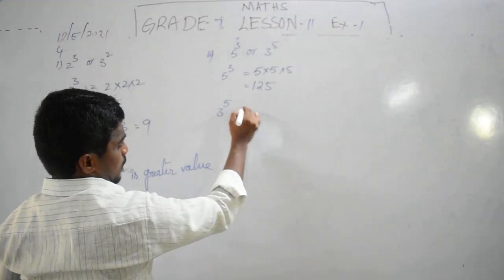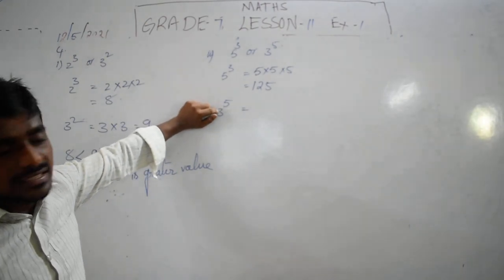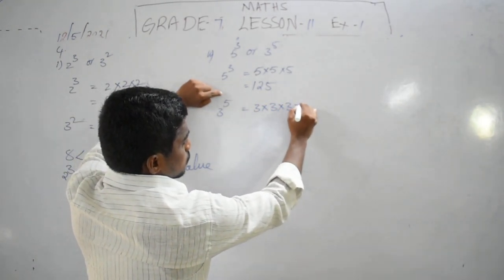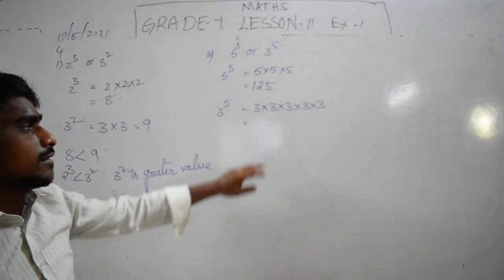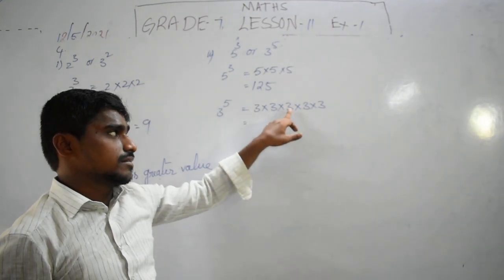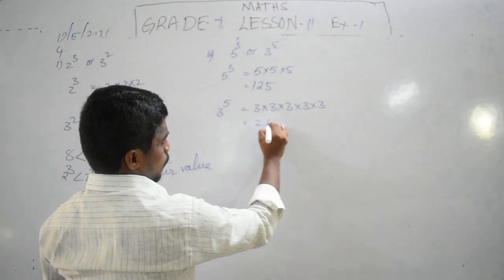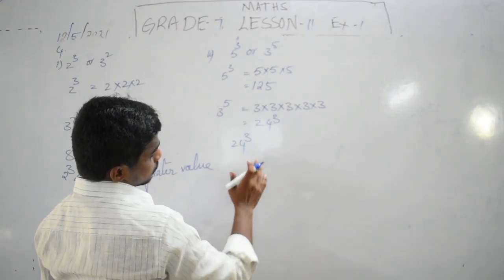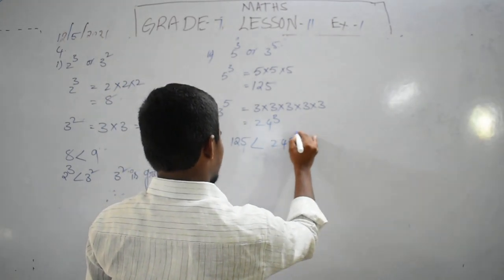Now 3 power 5: base 3, exponent 5, so 3 is multiplied 5 times. 3 threes are 9, 9 threes are 27, 27 threes are 81, 81 threes are 243. 125 is less than 243.